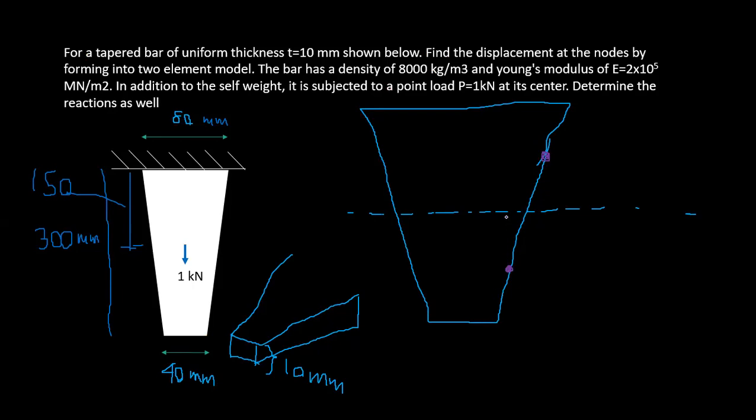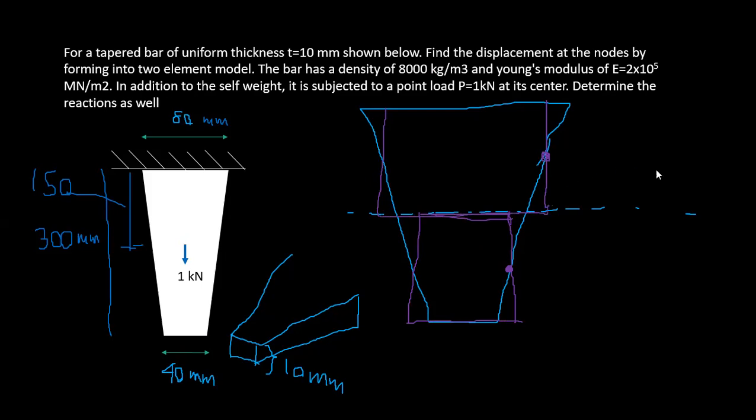So you can determine an element like this from the average area, and you can determine the second element like this from its average area.